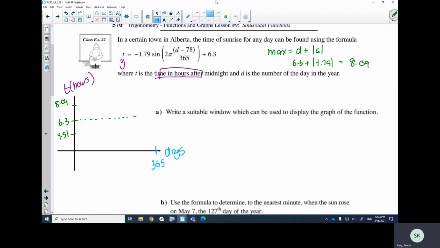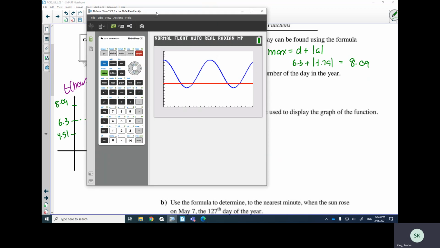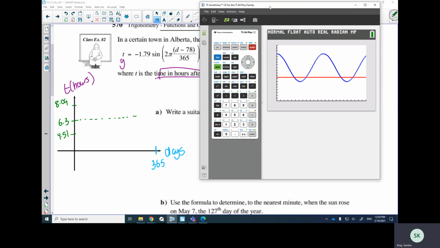There are phase shifts happening, reflections happening, so I'm not going to be starting my graph at 0 here. Let's punch it into our calculator and see what the picture actually looks like. I'm going to show you how to enter this on your calculator because it's a little bit scary. On your calculator, we're going to stay in radian mode, but at least now I know my window.